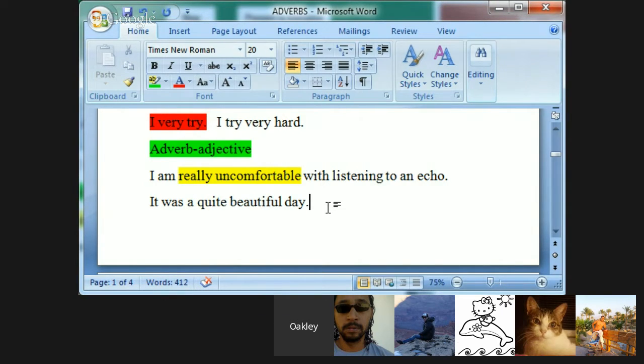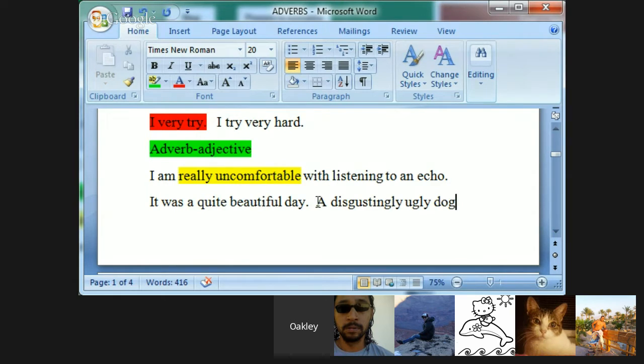Okay. It was a quite beautiful day. There's nothing wrong with this sentence. This is going to work. A disgustingly ugly dog, for example. All right. Okay.